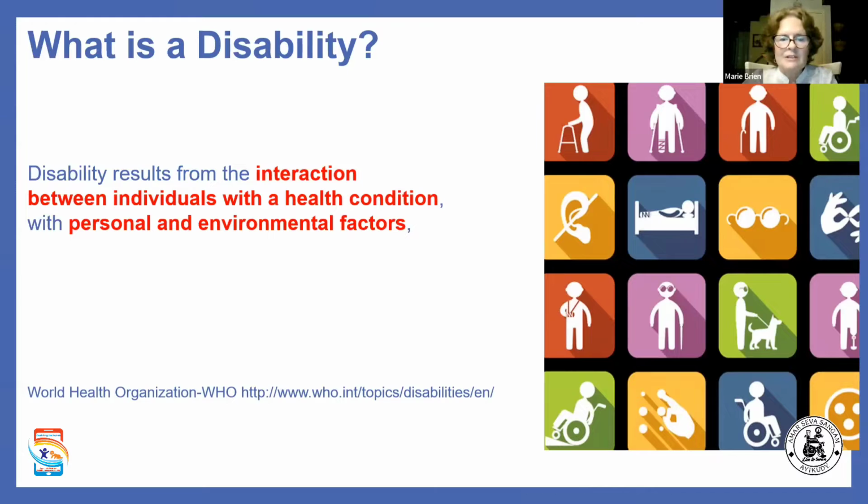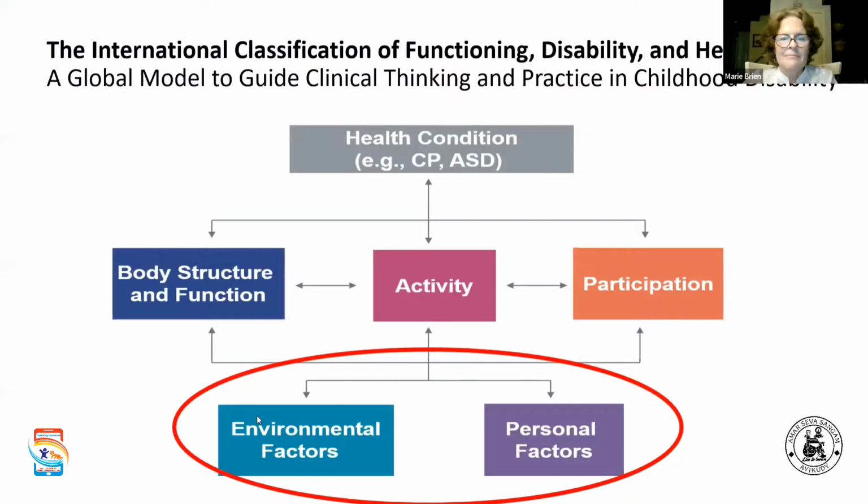So it's really the interaction between those factors. If we backtrack here, it's the interaction between our context and the body structure and function, activity, and participation. So we're going to be looking at how impactful that is.